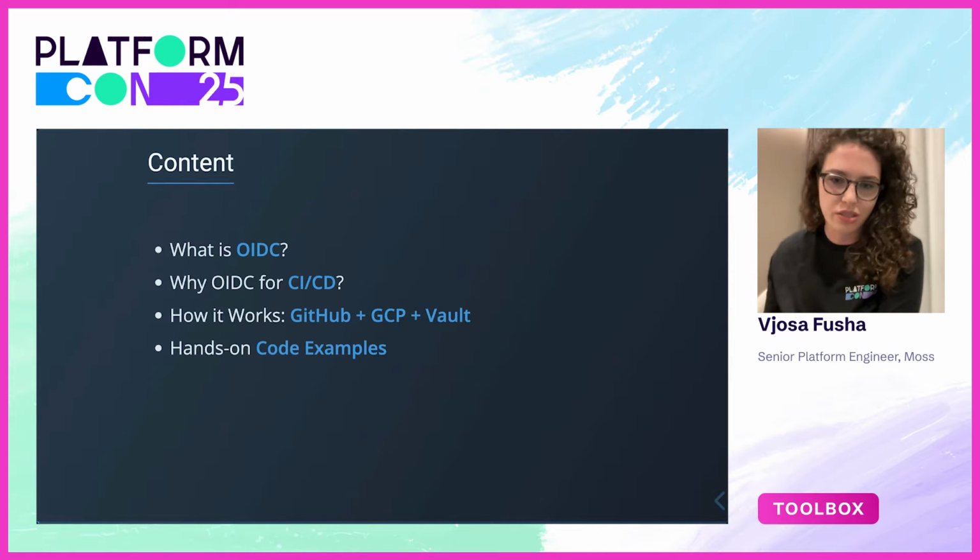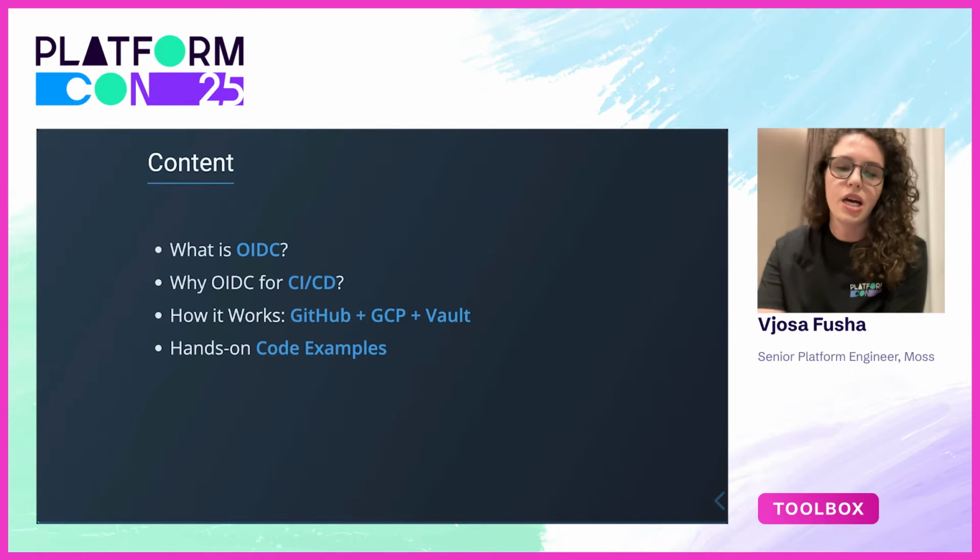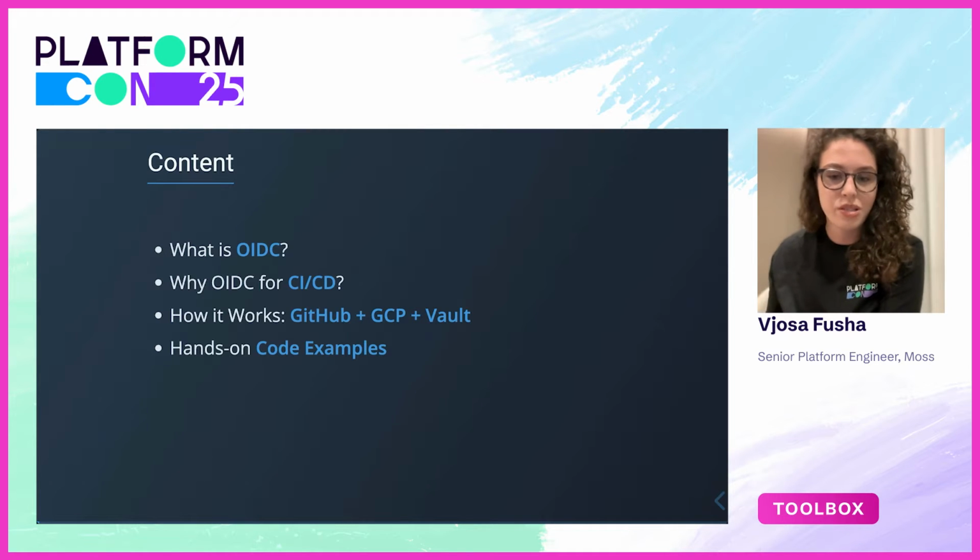So we would assume that you have a Vault instance running on your infrastructure, you're running on GCP, and you're using GitHub Actions, and you know basics on these technologies. I will be sharing an article very soon that would cover more details on those topics and specifically this talk.